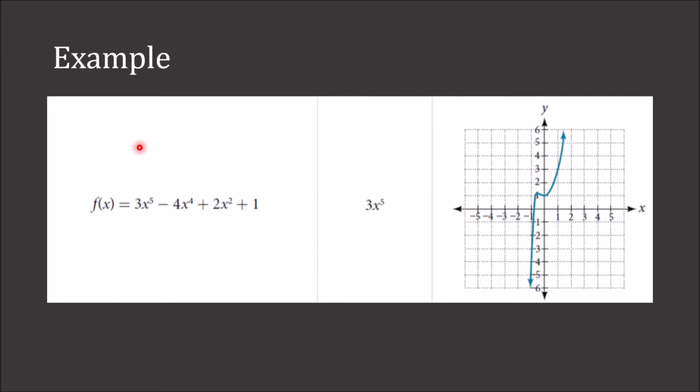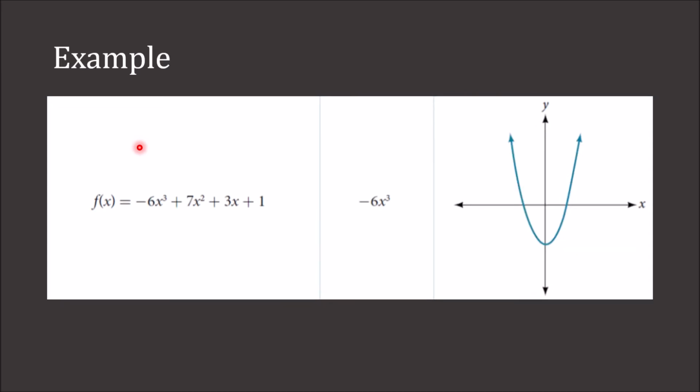And finally, we have the polynomial negative 6x cubed plus 7x squared plus 3x plus 1. This has a leading term of negative 6x cubed. So this is an odd power function with a negative coefficient.